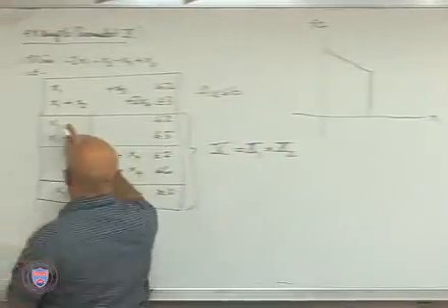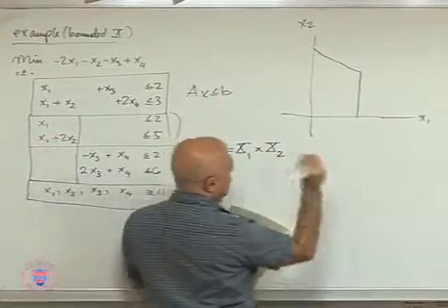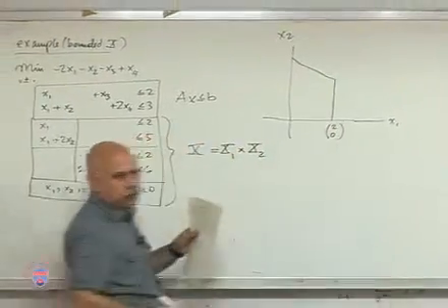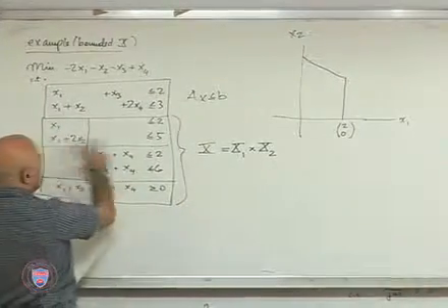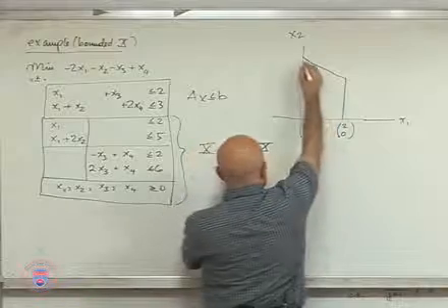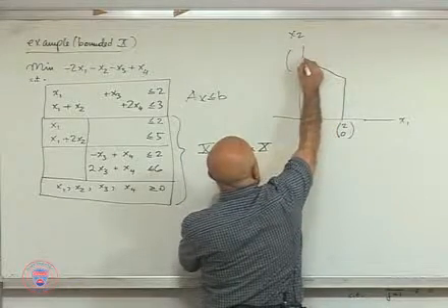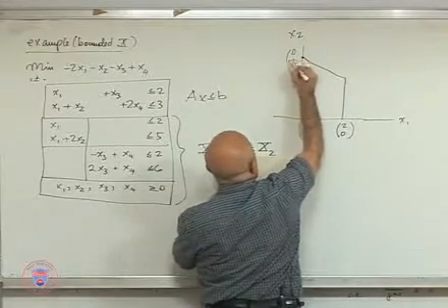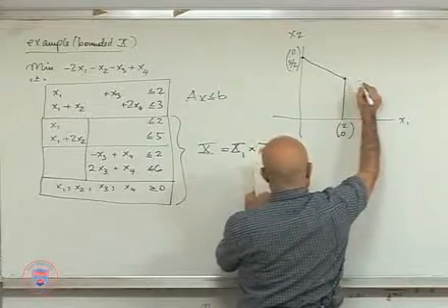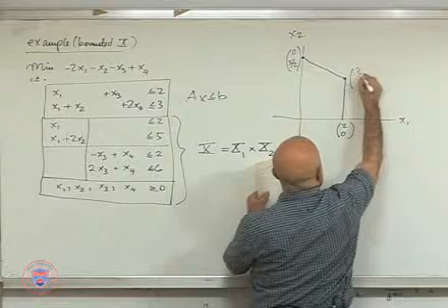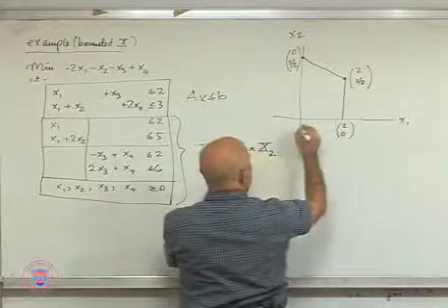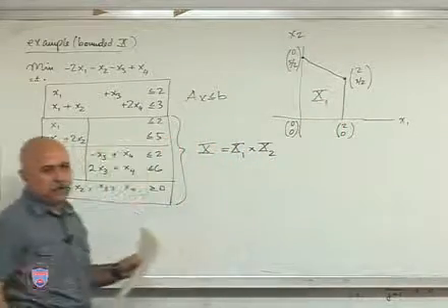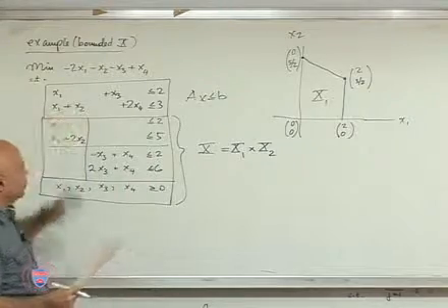You have a simple upper bound constraint, with extreme point (2, 0), which tells you x1 is less than or equal to 2. The second constraint goes like this with an extreme point (0, 5/2), and this point is (2, 3/2). This is, of course, the origin. That's your X1 set, feasible relative to the first two constraints.